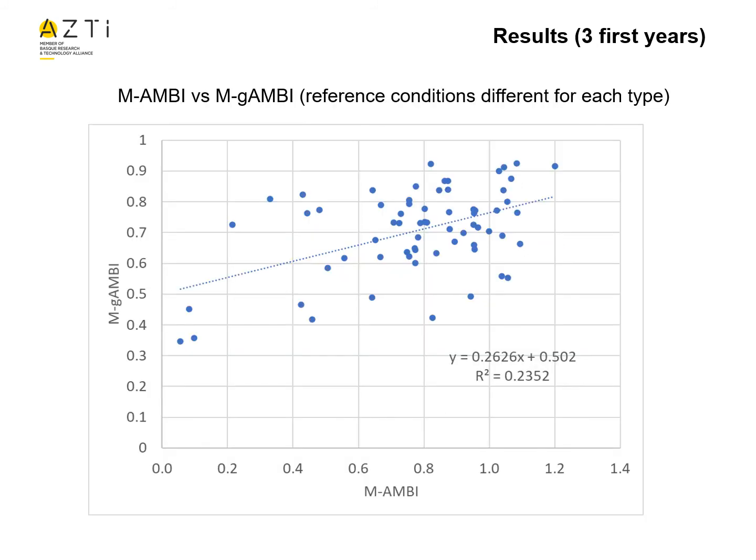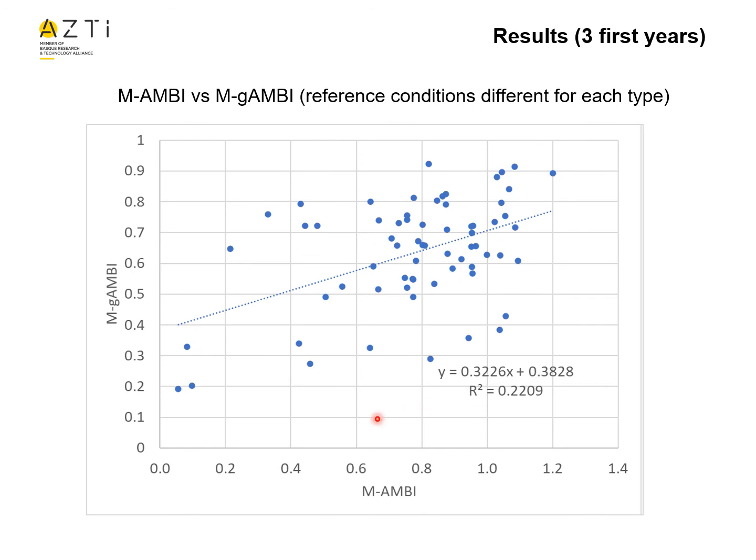When comparing AMBI based on morphological and M-gambi based on genomics, with the reference conditions for each of the types, you can see that the correlation is not very good, and the problem is again that for the worst status, the bad status in the morphological, we still have poor or moderate status in the case of molecular, which is not very good.